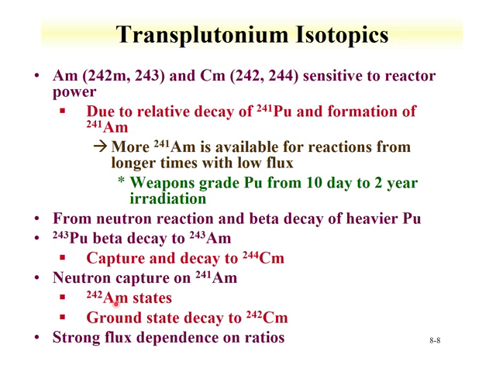This will produce americium-242 states, the ground state of this isotope decaying to curium-242. So the relative ratios of these isotopes are going to have a strong dependence upon the flux of the reactor.